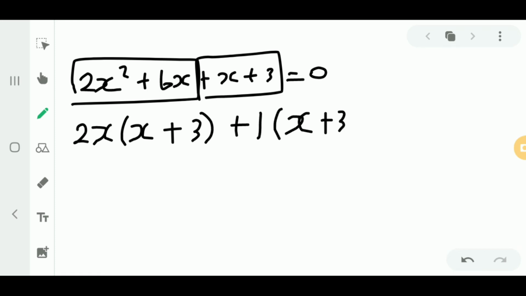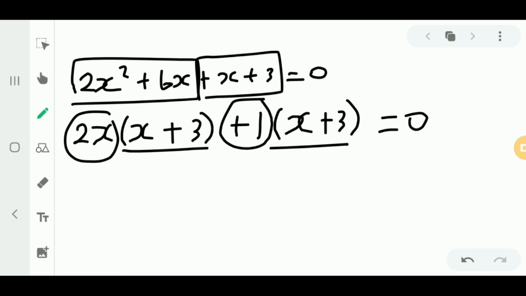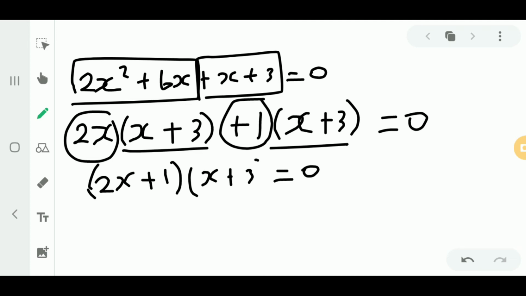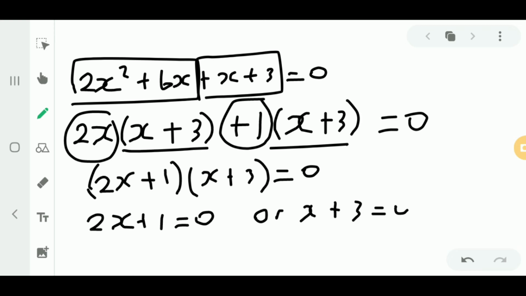You know you're on the right path when both brackets are the same. Then you have the numbers on the outside in one bracket by themselves times the common bracket. Then we say 2x plus 1 equals 0, or x plus 3 equals 0.